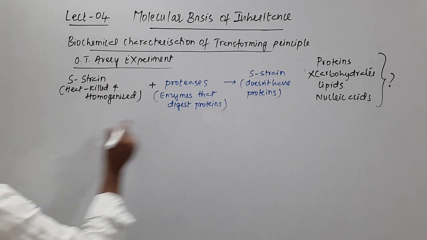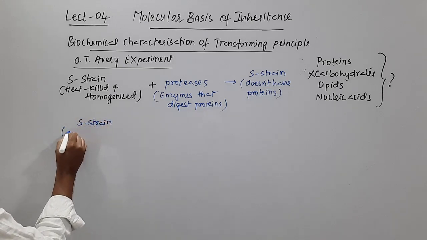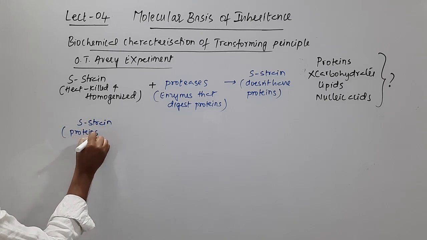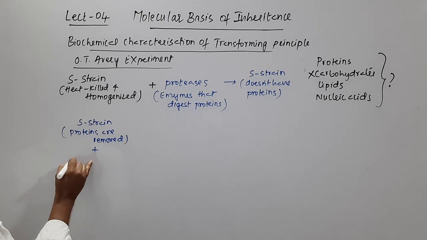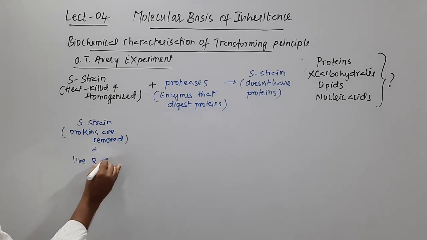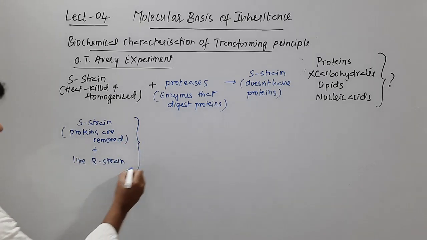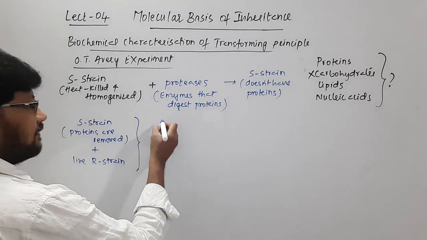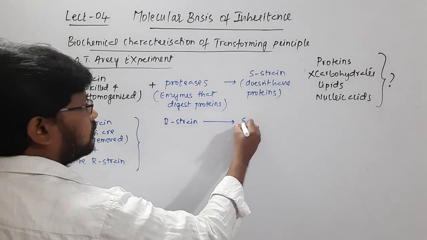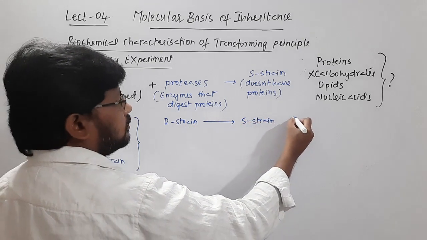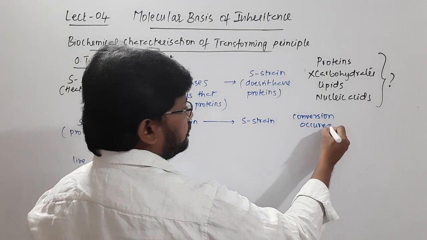Now I'm going to mix this S strain, where proteins are removed, with the live R strain, and when the results came up, we saw that the R strain again converted to S strain, so conversion occurred.